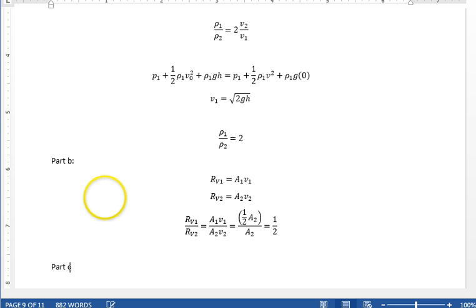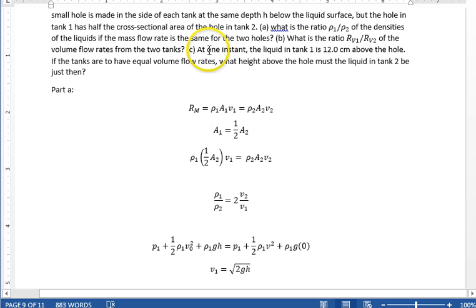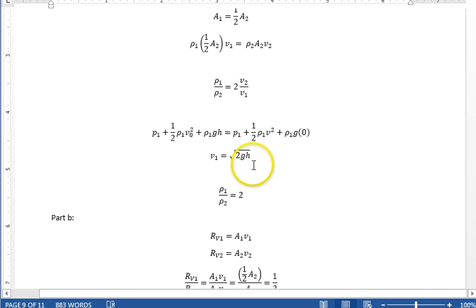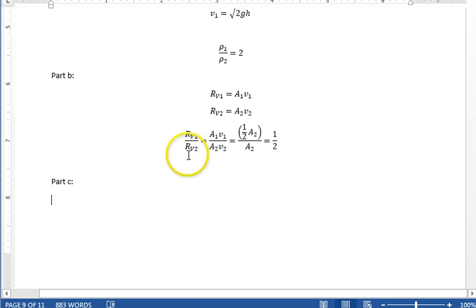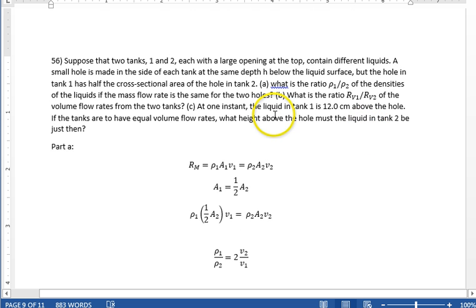Okay, part C. At one instant, the liquid in tank 1 is 12 centimeters above the hole. If the tanks have equal volume flow rates, what height above the hole must the liquid in tank 2 be just then?